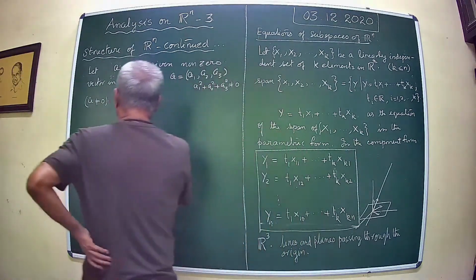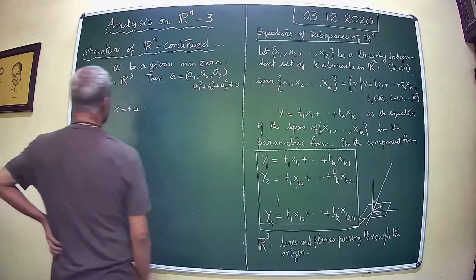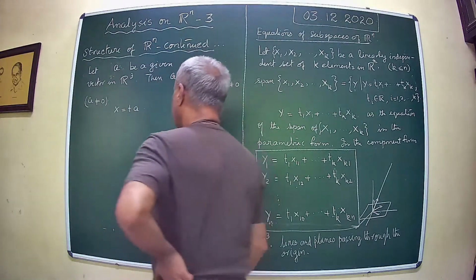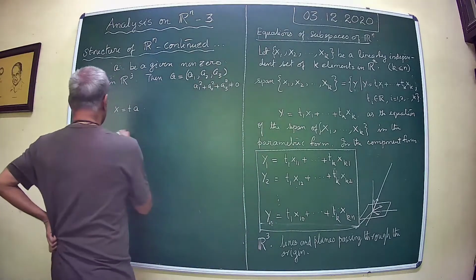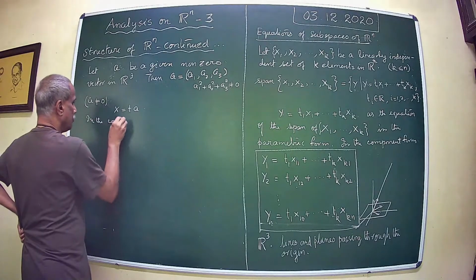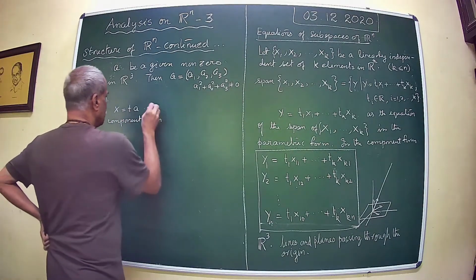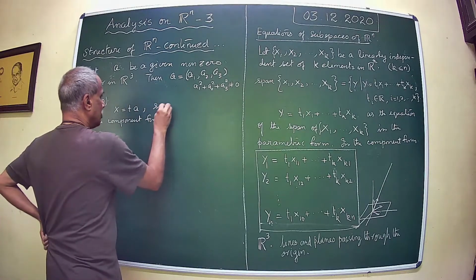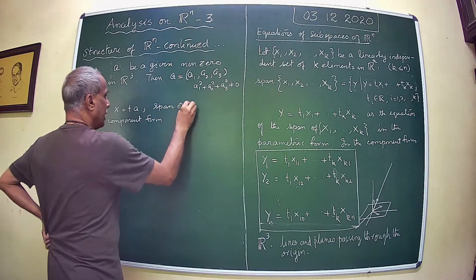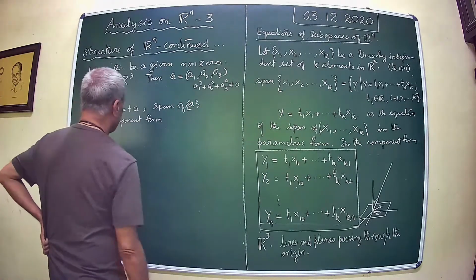Now what about the equation? The equation is going to be x equal to TA. If you write it in the component form, this is the span of A, where T is the parameter.